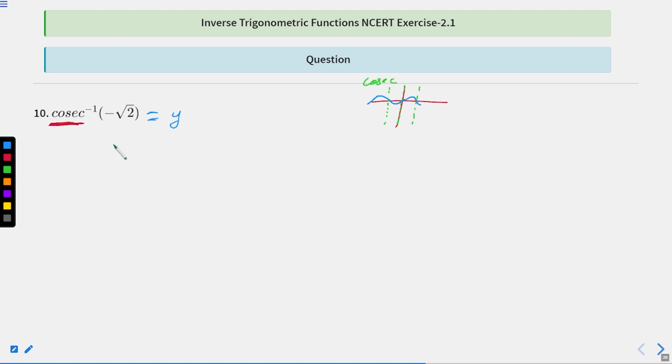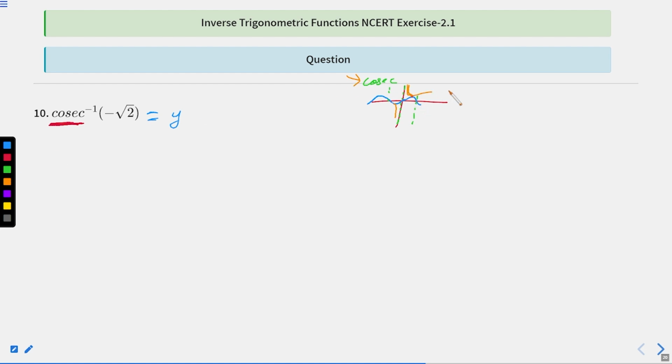And then what? You make parabolas like this. Now, we want this to be one-one and onto. So, I will take just this part of the graph and this part of the graph. And this point, what is this point?